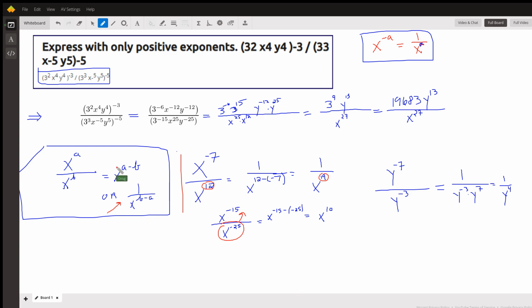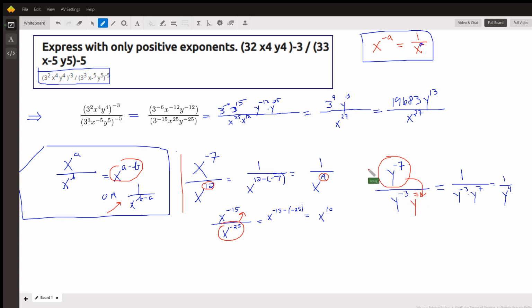That's this property right here. And negative 15 plus 25 is 10. Another way to visualize it, which is the way I like to do it, if I want to get this power to the other side of the fraction, I move it, but change the sign of the exponent. That's just what you visualize.